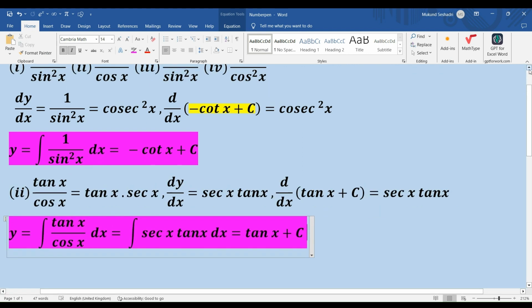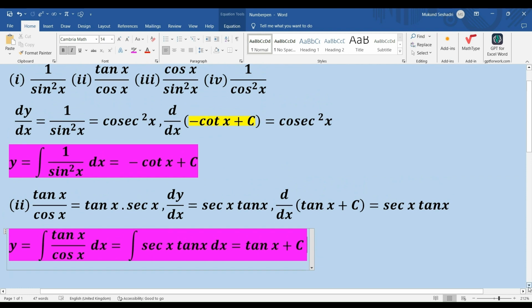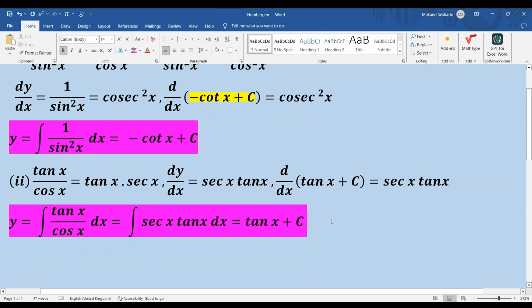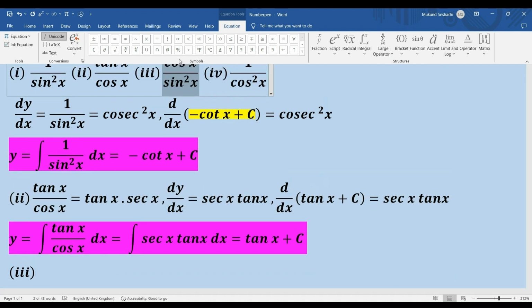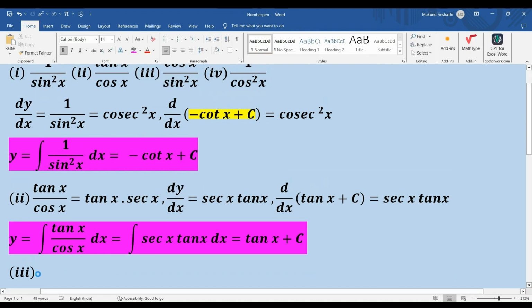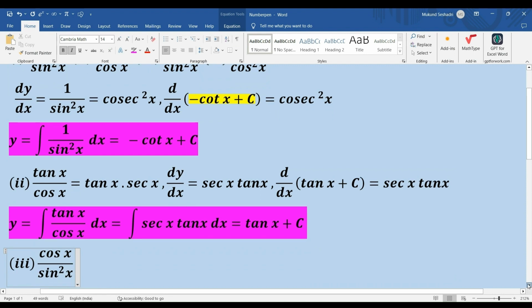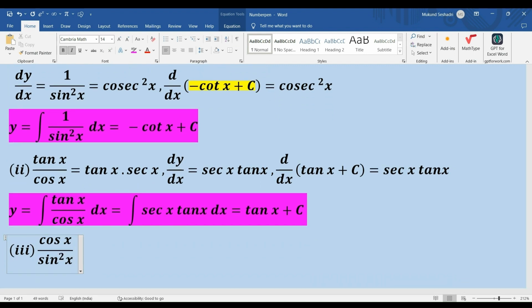My next problem is cos x by sine square x, right? Again, looks like we have something very familiar to us. My cos x by sine square x is nothing but my cos x by sine x into 1 by sine x, right?